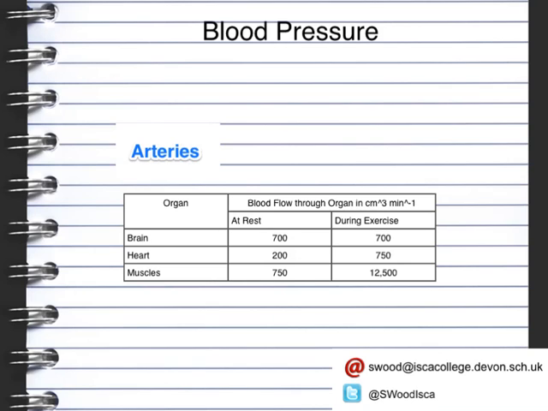If we go to the bottom, you can see that there's quite a lot for the muscles, and that increases quite significantly during exercise because you need to be doing more respiration to allow that movement. And because of this, the amount of blood that goes through the heart will also increase.